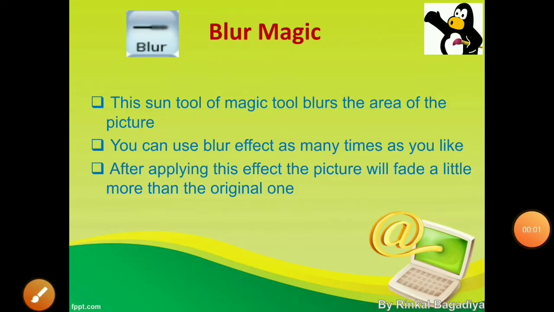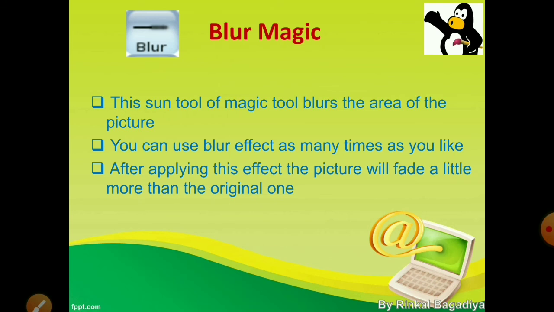Our second magic tool is Blur Magic. You can see the picture of the Blur Magic tool on the screen. This subtool of the magic tool blurs the area or portion of the picture on which this effect is applied.